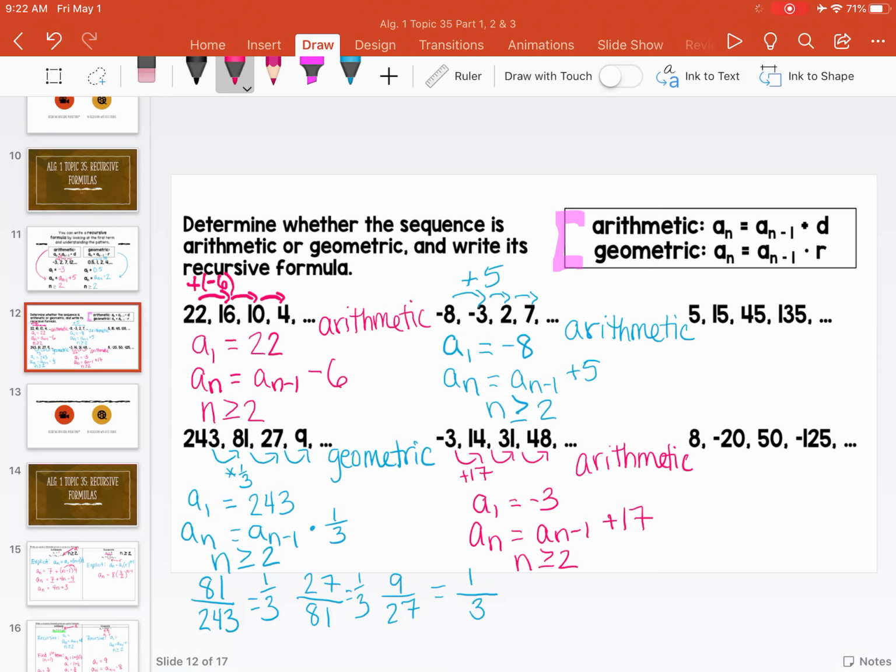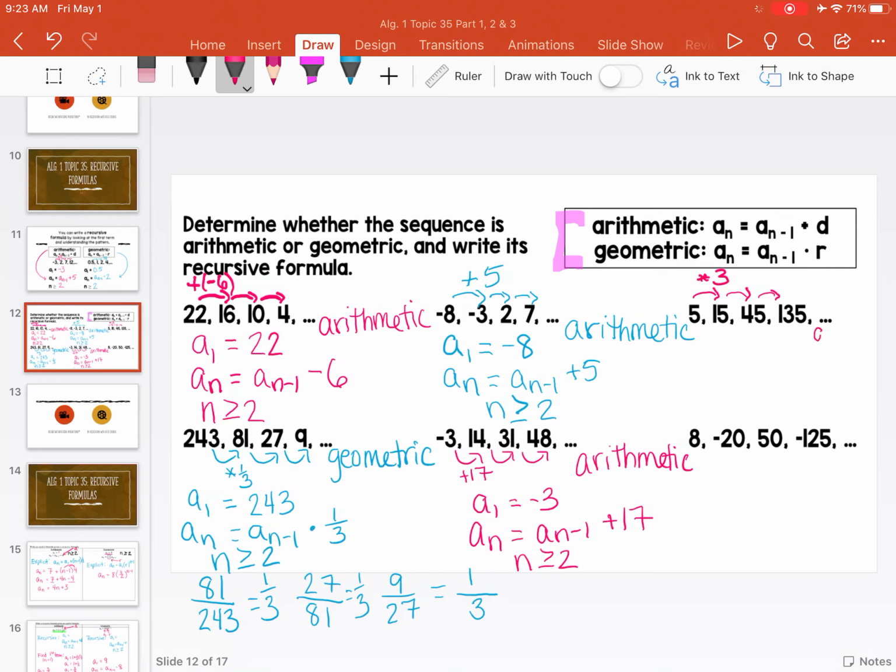Looking at the third column, we have 5, 15, 45, 135, etc. Now, we're dealing with bigger numbers when jumping from one to the next. So I'm probably not adding the same number every time, but instead multiplying. In order to get from 5 to 15, from 15 to 45, from 45 to 135, I'm multiplying by +3.